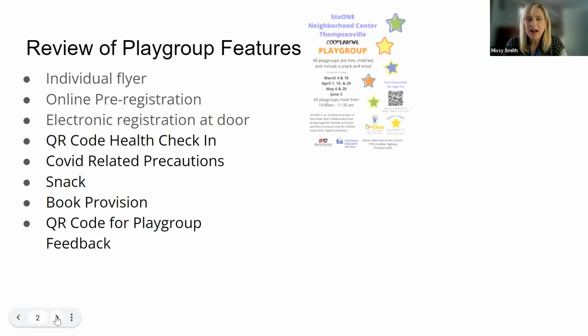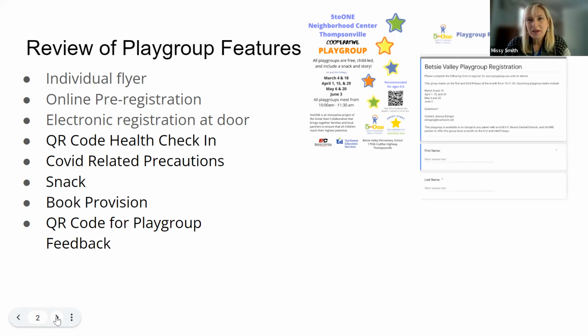So the individual flyer is something that many might choose to have more of because we've done away with that big complex grid of every playgroup across the network at every time. It's just getting a little too cumbersome. So we have individual flyers that you're welcome to have us create for you quarterly with those playgroup dates.